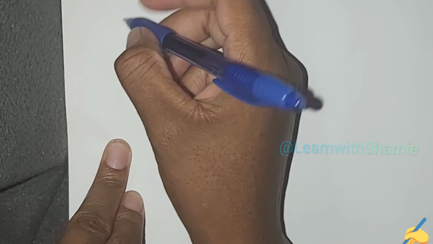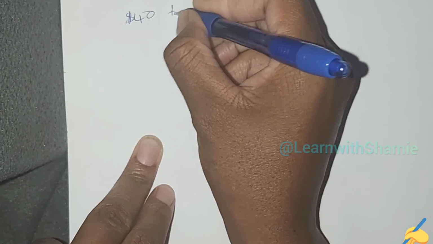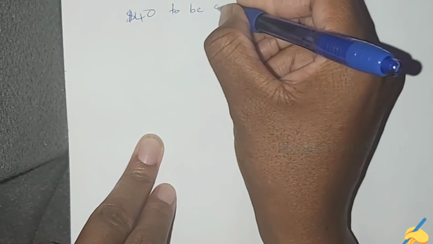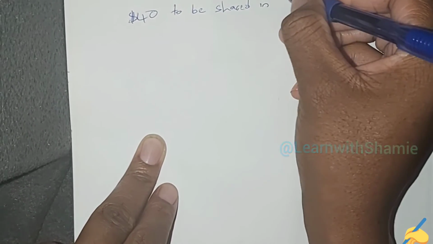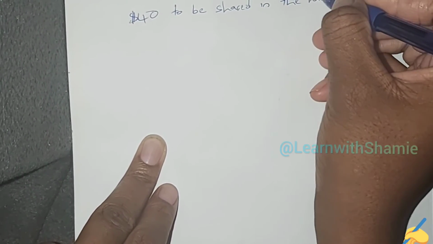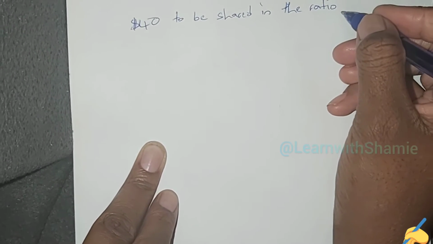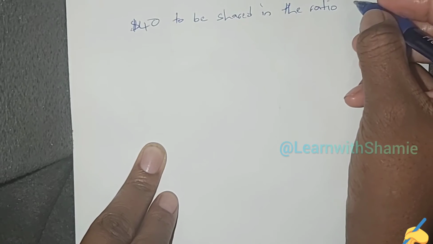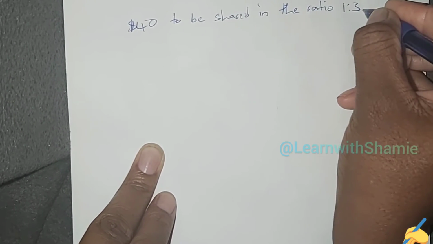So for example, we have $40 to be shared in the ratio 1 to 3.